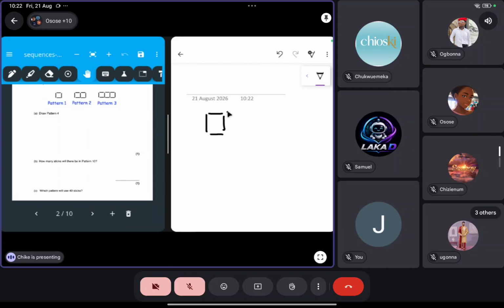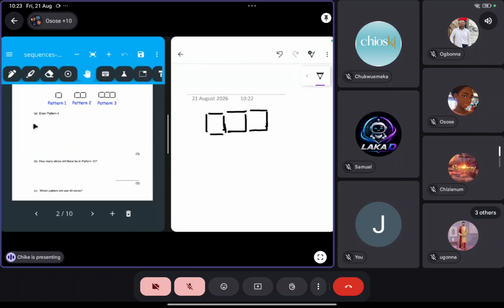So this is pattern 2. Then pattern 3 joins with the second one. So I have 1, 2, and then 3. Like this.